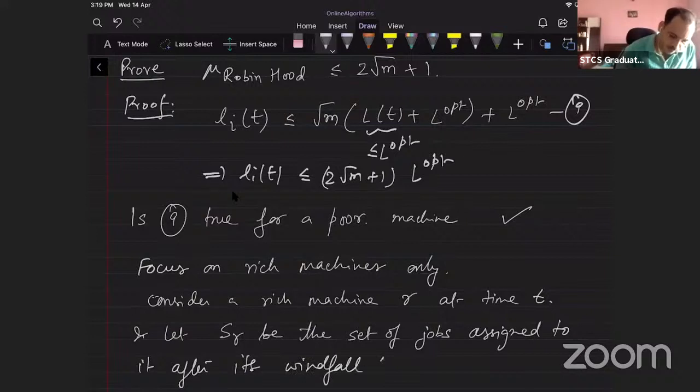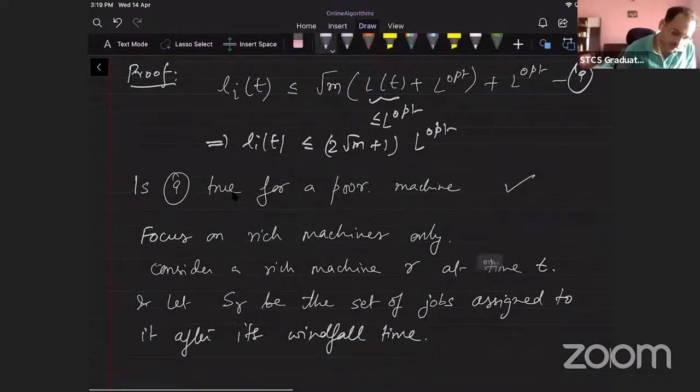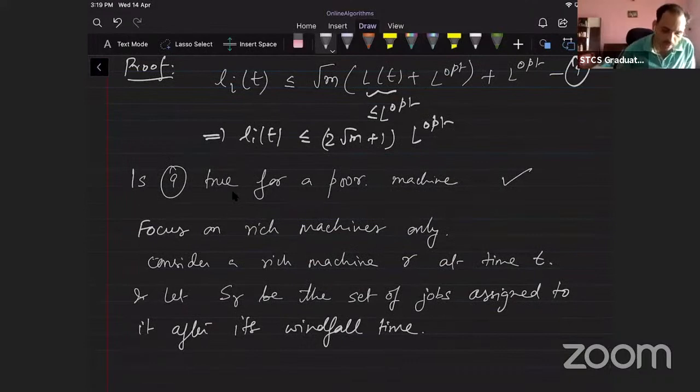See, windfall time, remember, is the time at which it became rich and has remained rich until this time t. So that's the windfall time. So now for this rich machine R, we're saying let SR be the set of jobs assigned to it after its windfall time.